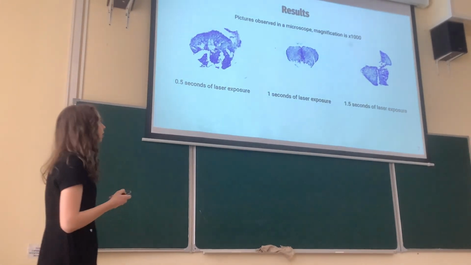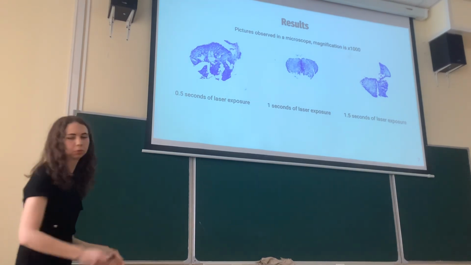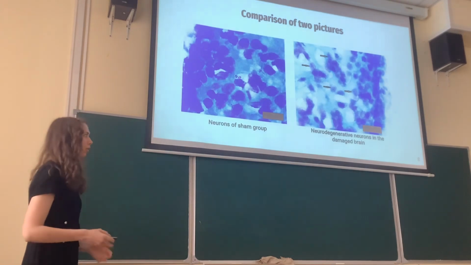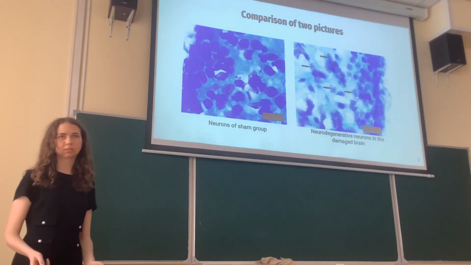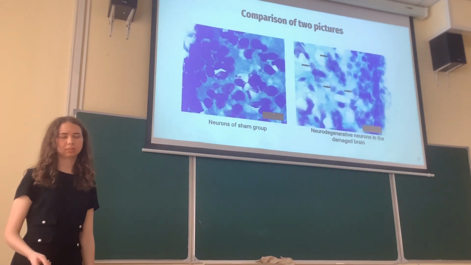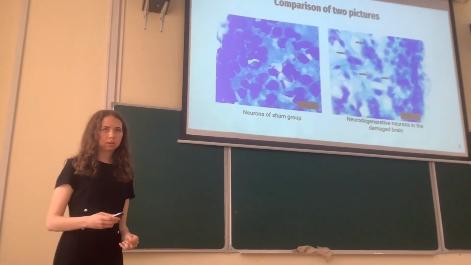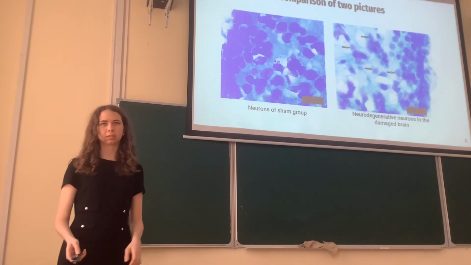You can see the blue dots here, closer up. These are the neurons. So the fewer neurons there are, the more damage the brain has. We changed the duration of the laser exposure, and we wanted to see how it influences the damage.